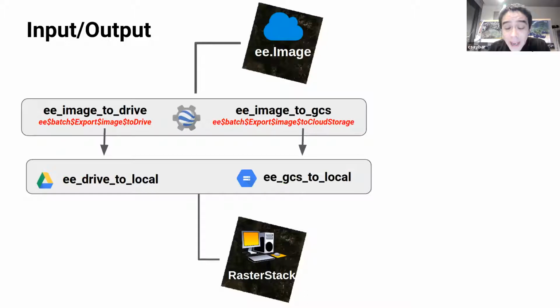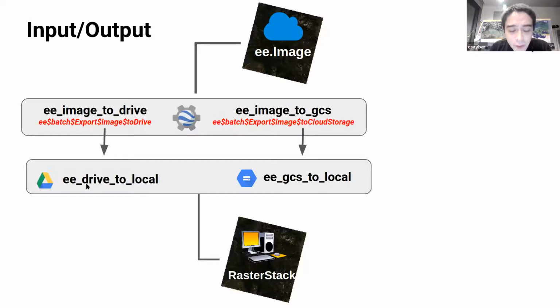We try to make everything simpler in RGE, and we created this function, image to drive, that does exactly the same as this other one that is available in Python, and also available in R, obviously. But we changed the name just to make it more R syntax friendly. At the end, both functions do the same.